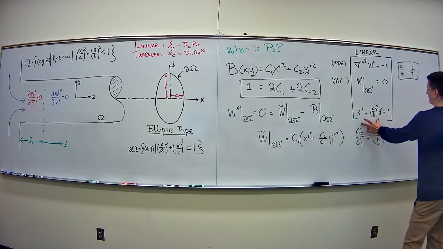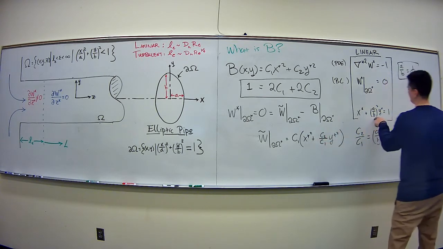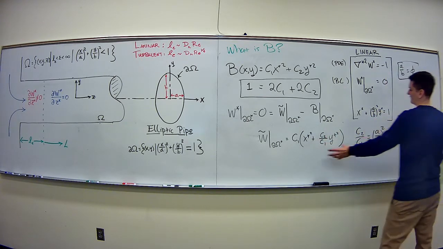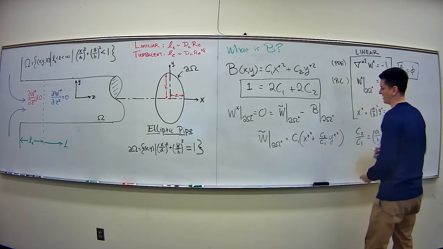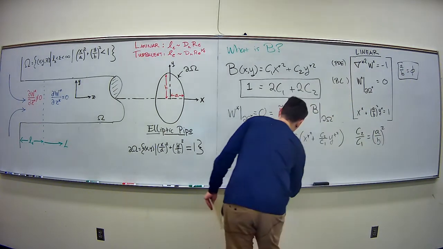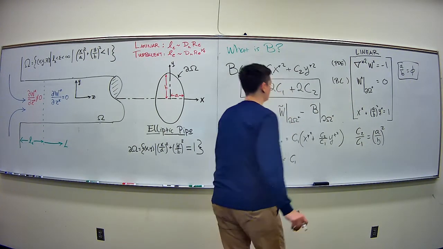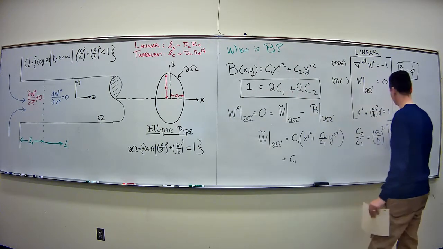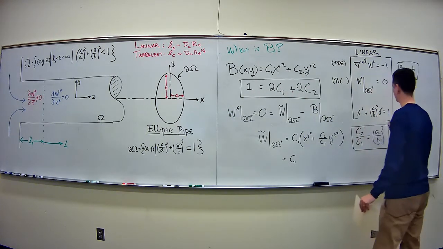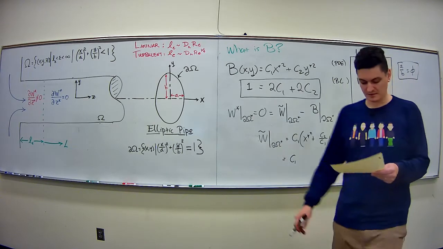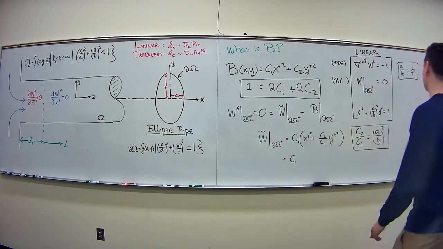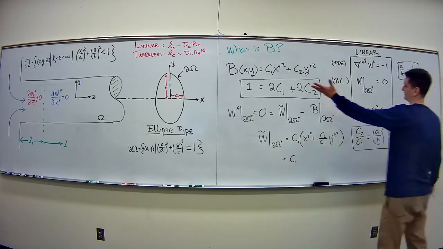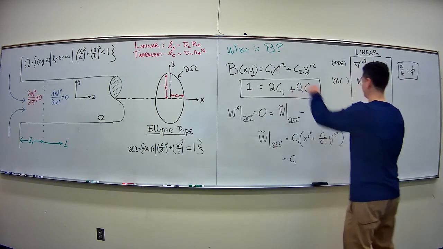Then it has the same form. So if C2 over C1 is equal to this ratio squared, that would make this whole expression 1, and then I have this just being a constant value if I impose this. Okay? So really, you have two equations and two unknowns now with just these two right here.